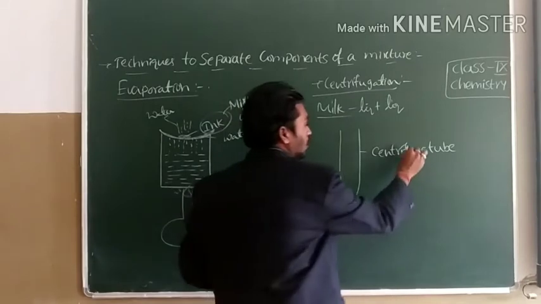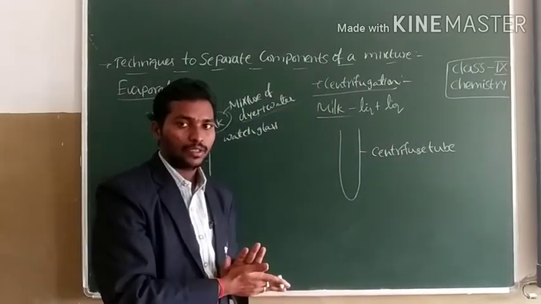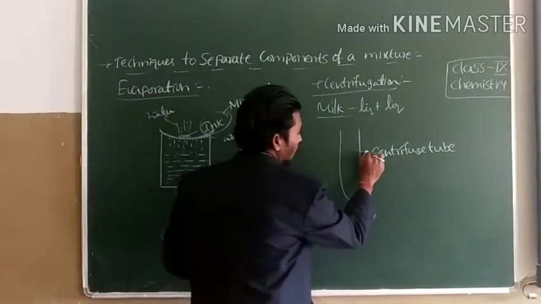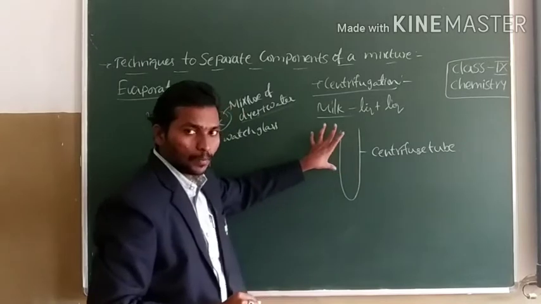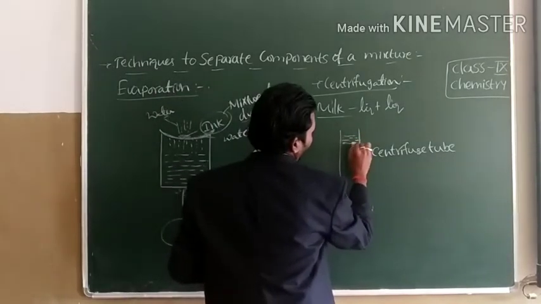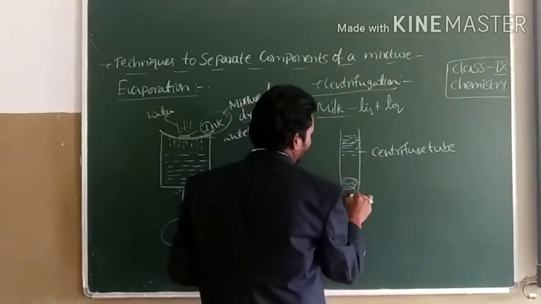We place this centrifuge tube in a centrifugation machine. So gentle spinning of centrifugation separates this milk into two components. One is present at the top layer and the other at the bottom.